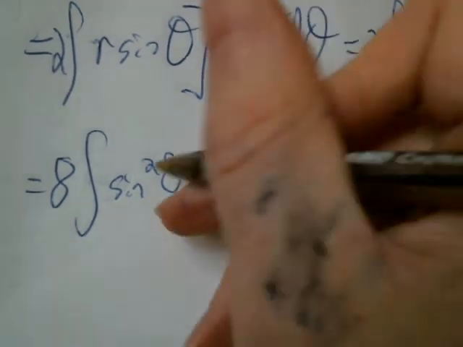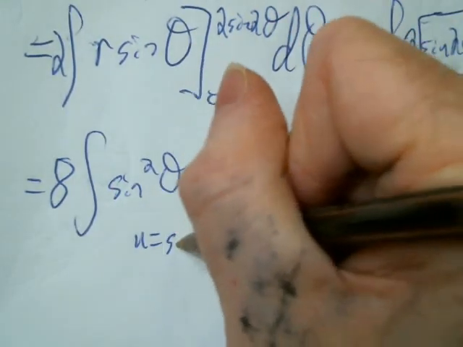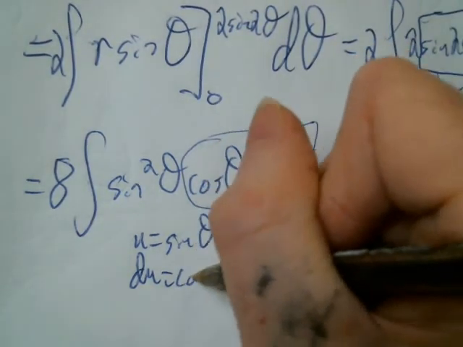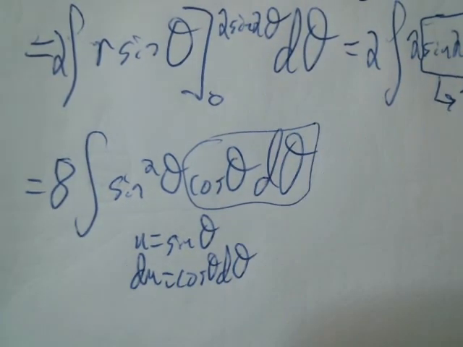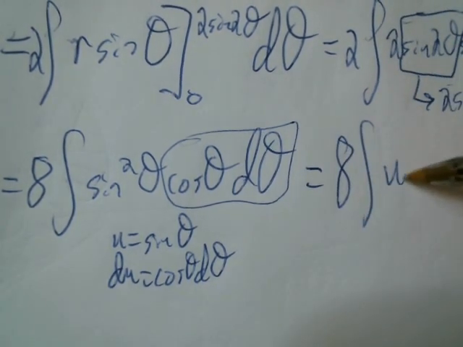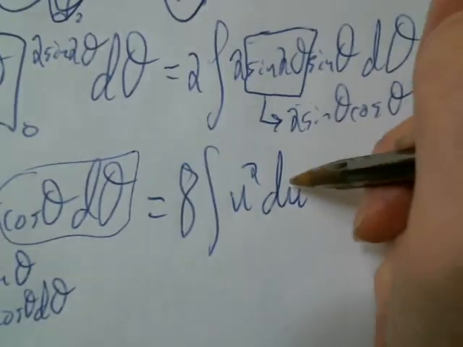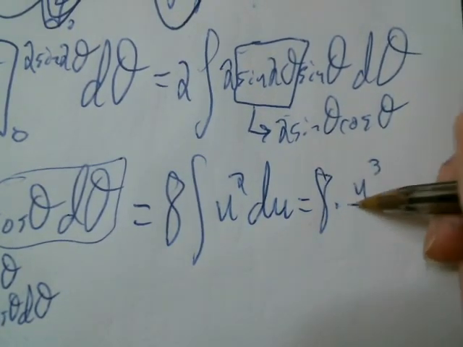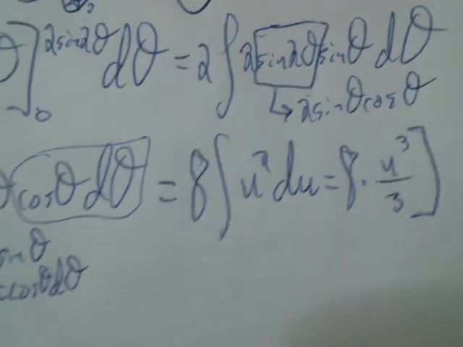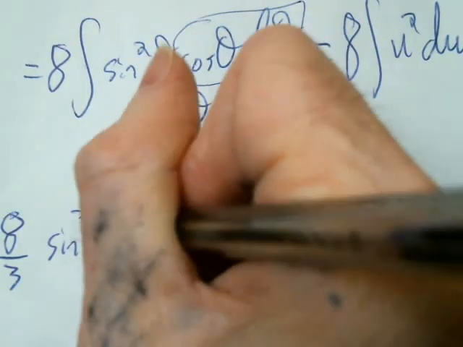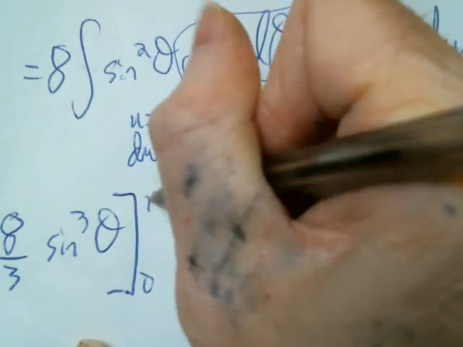And then I can do a u sub, so let u equal sine theta, and then du will just be this cosine theta d theta. So I'll end up with 8 times the integral of u squared du, and then integrate that. So you have 8 times u cubed over 3. Back substituting, I get 8 thirds times sine cubed theta from 0 to pi over 2.